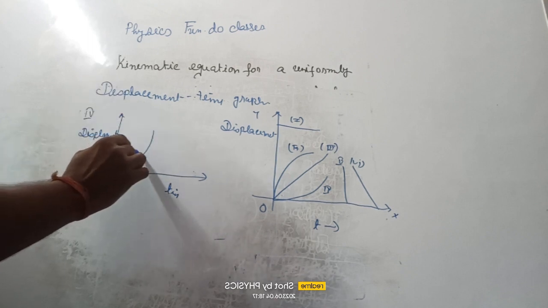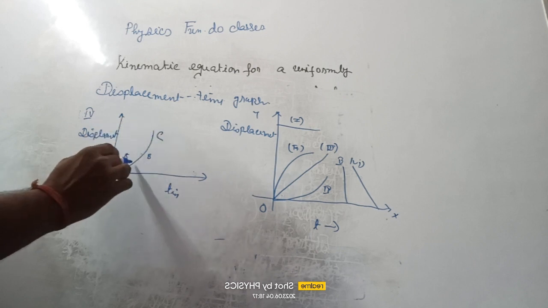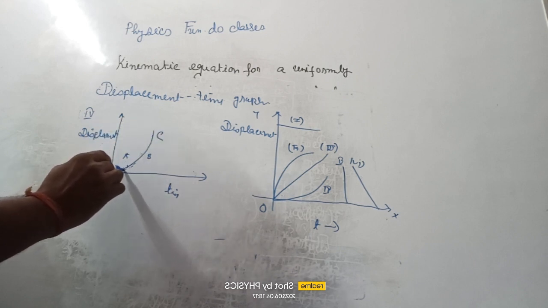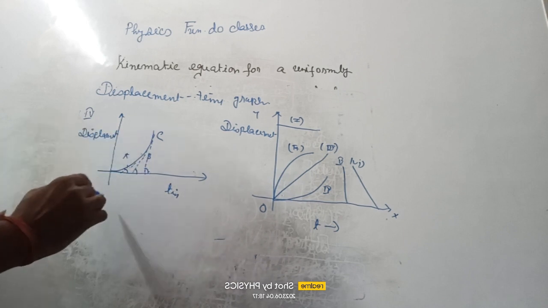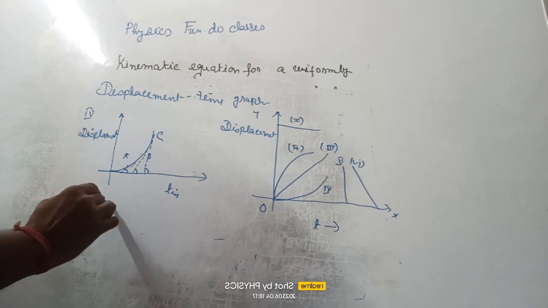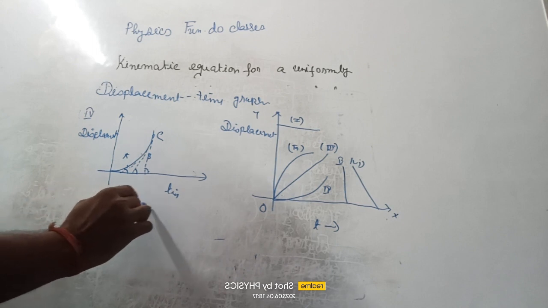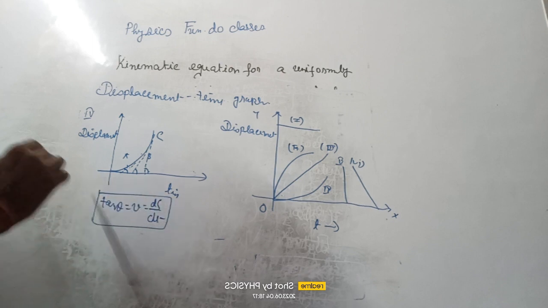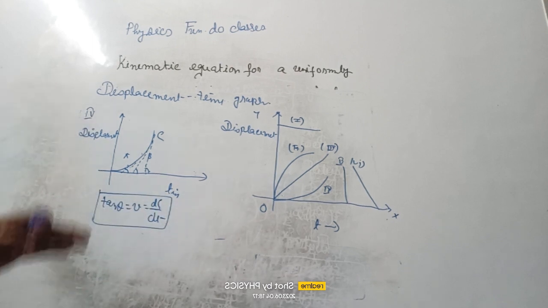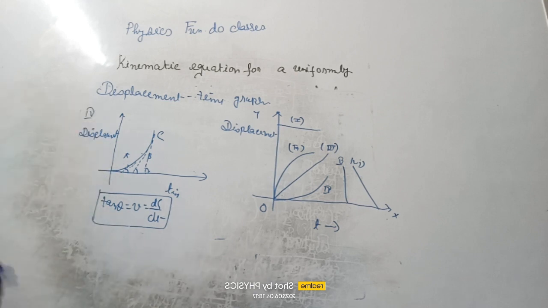If we consider points A, B and C, we see that the tangent's angle with the time axis is continuously increasing. That is, the slope is increasing. Tan theta is equal to V equals ds by dt. As the slope is increasing, the velocity of the particle is also increasing. Now move to the fifth graph.